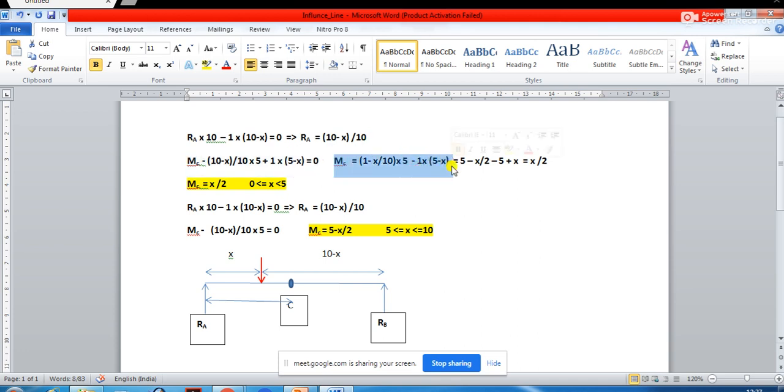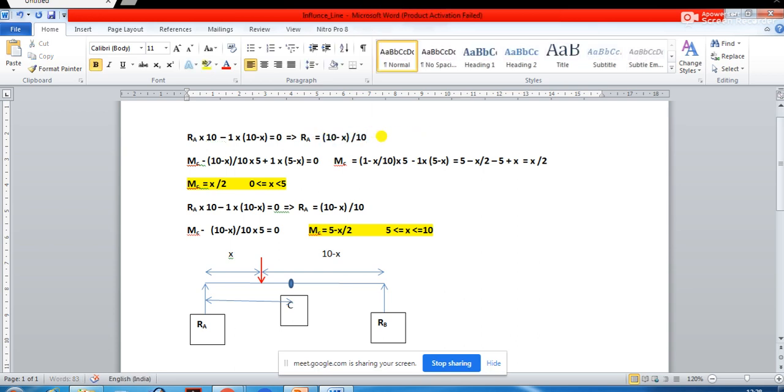MC is going to be this reaction multiplied by this distance. How much is this distance? From here to here it is 5. So MC is going to be 1 minus x by 10. Why is it 1 minus x by 10?